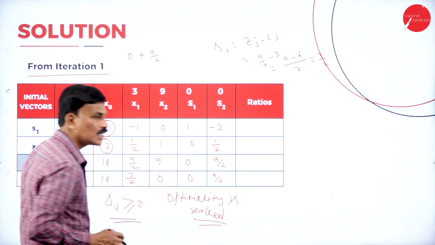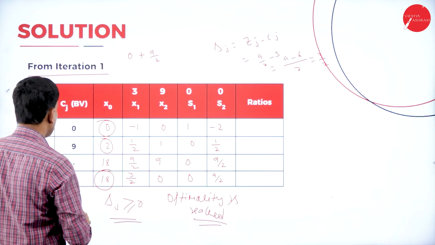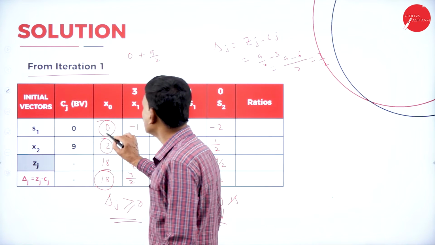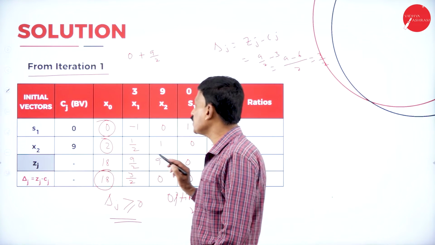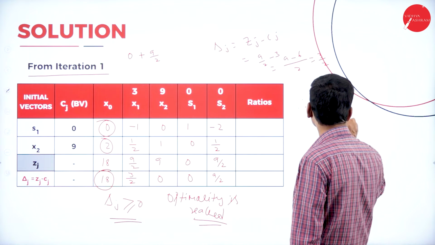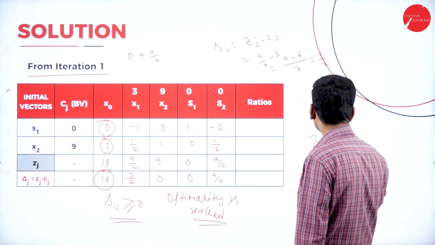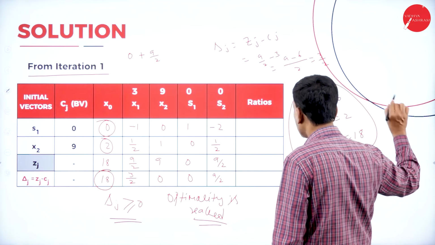So hence this is the maximum value, maximum is 18 at x2 is equal to 2, and since there is no x1 term, x1 is 0. So therefore x1 is equal to 0, x2 is equal to 2 and z maximum is equal to 18. So this is the required answer.